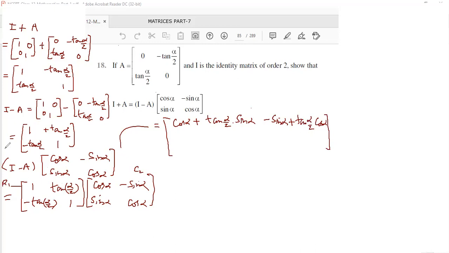Now we take second row, first column: minus tan(alpha/2) into cos alpha plus sin alpha.